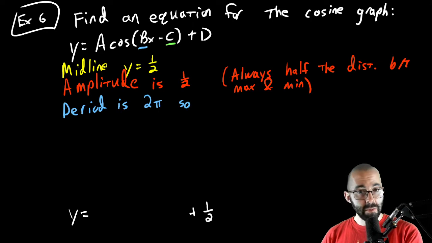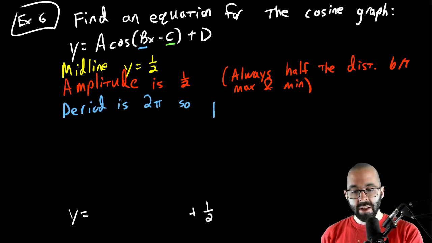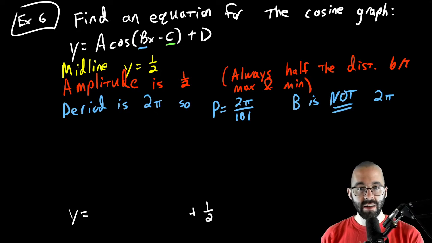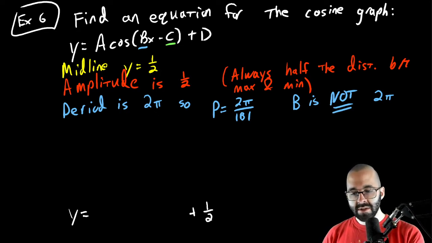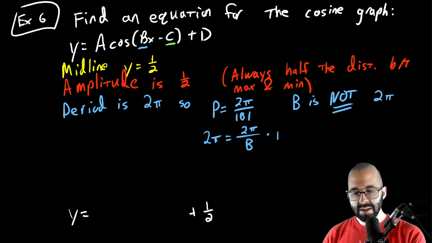So what does that say about b? Because that does not mean b is 2 pi. The period is 2 pi divided by the absolute value of b. So watch out, right? B is not 2 pi. So if the period is 2 pi, replace it. Period is 2 pi. Let's just assume b is positive here. You solve this equation by multiplying both sides by b.